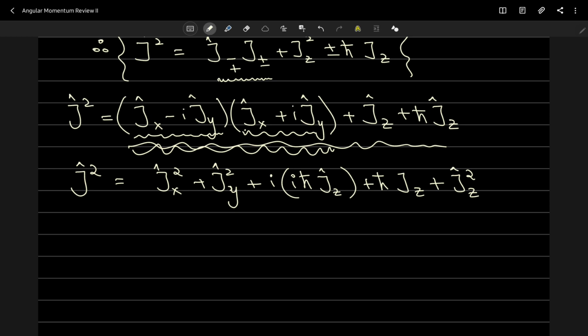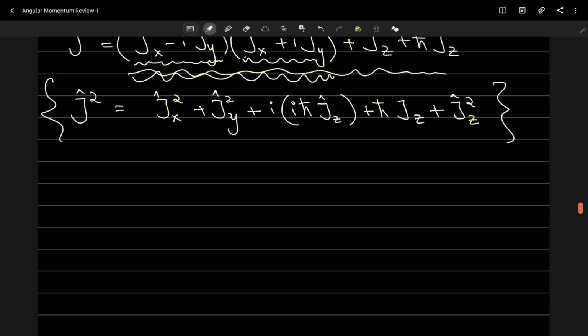Now with all of these relations between j squared, jz, j plus and j minus, we can construct the eigenvalues of jz and j squared. That's why we were looking for all of these relations between these operators.